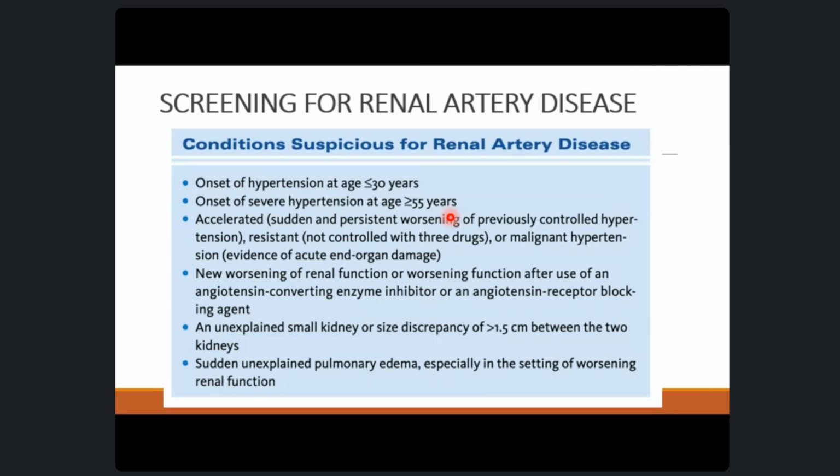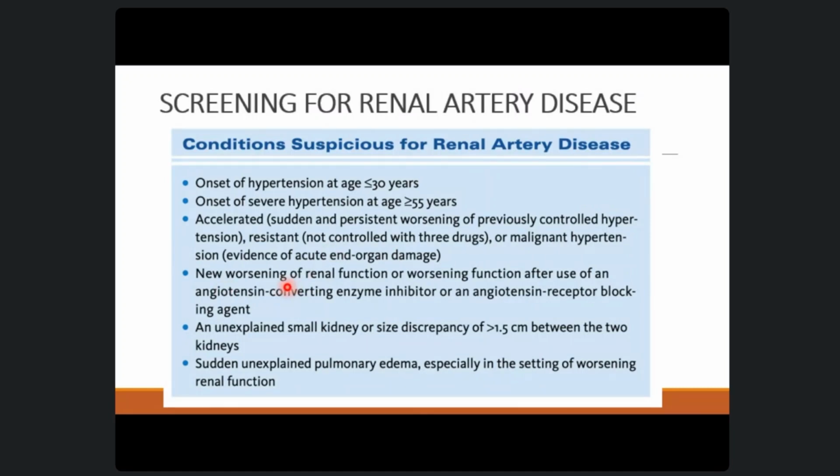So we are done with the screening of your lower extremity PAD, ABI. Next would be screening for renal artery disease. You suspect renal artery disease in hypertensive patients, for example onset of hypertension at less than 30 years old or severe hypertension at more than 55, or the resistant or malignant types. Despite taking a lot of antihypertensives, their BP is still high.